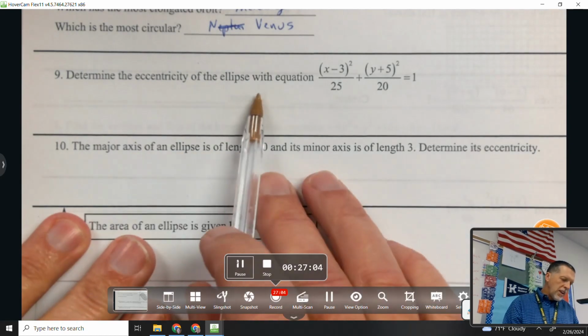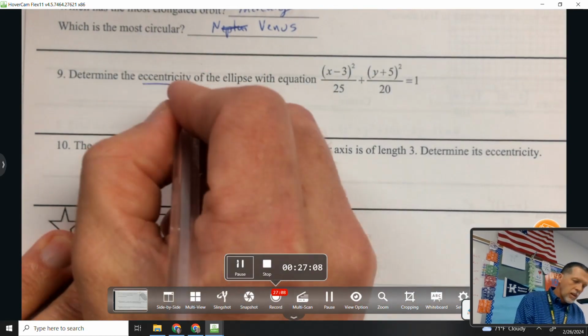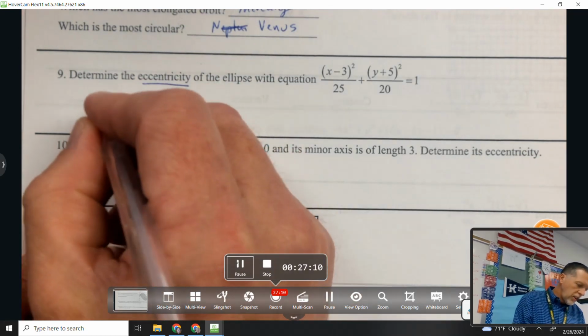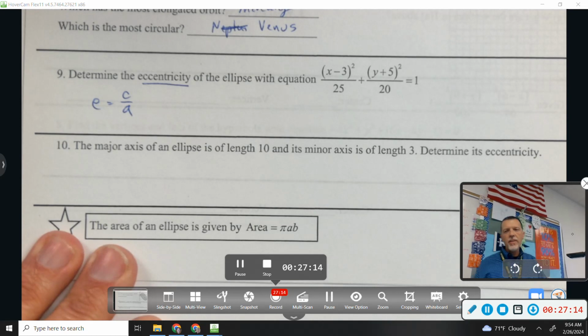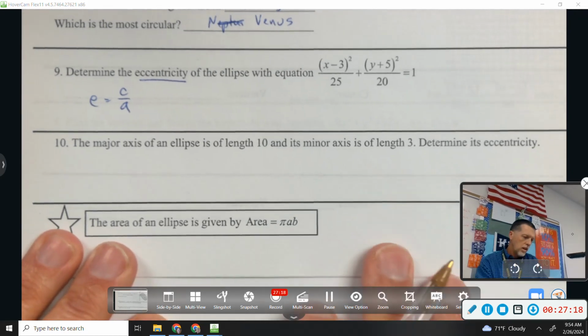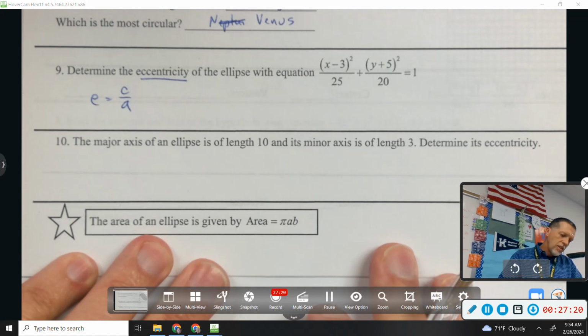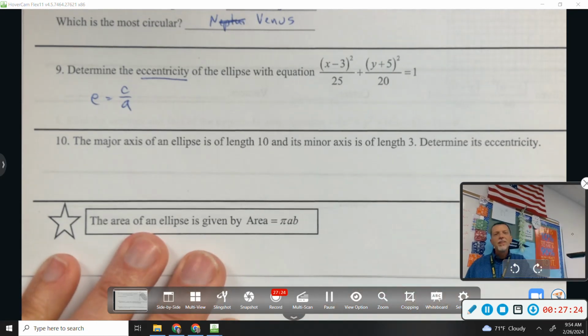Determine the eccentricity of an ellipse with this equation. Eccentricity is C over A. So I need to find C and I need to find A. It definitely matters who's A and who's B on this one. So what's A equal to? 5.